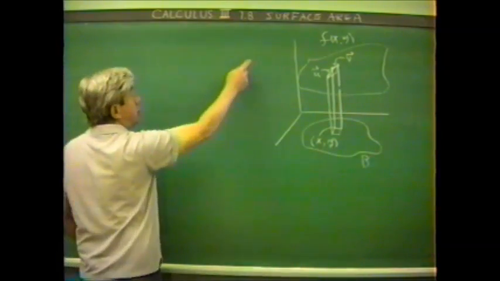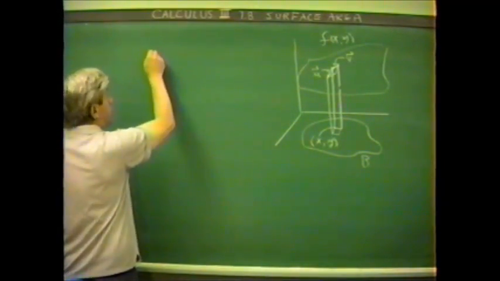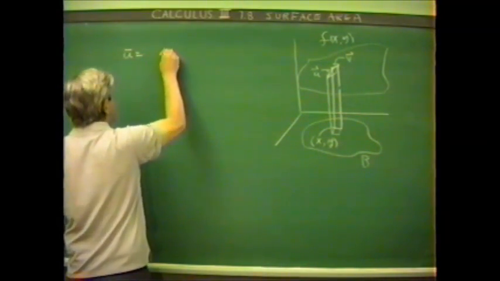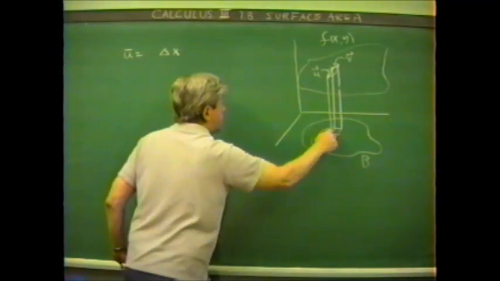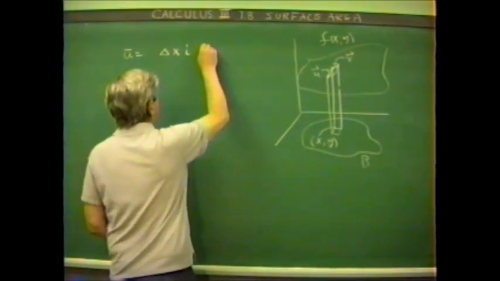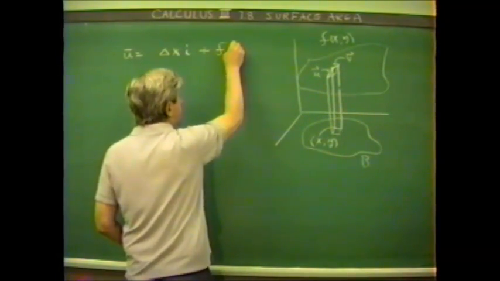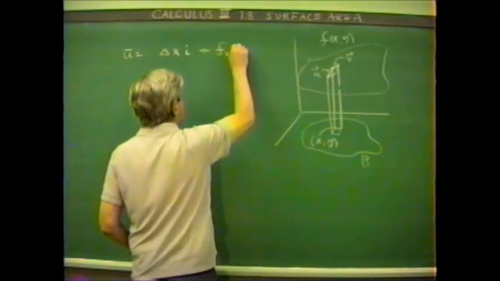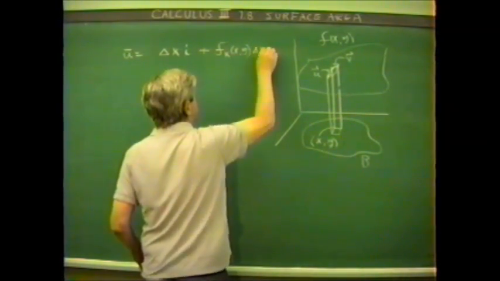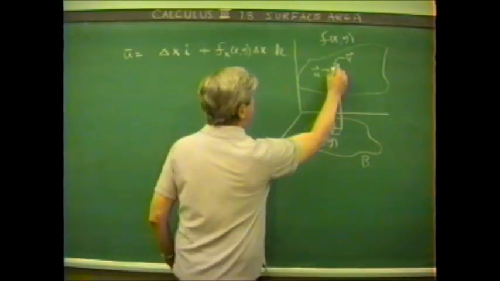So 1 unit in the x direction is going to go in the k direction, partial of f with respect to x, so that the vector u we can write as, we go delta x in the x direction, it's going to be delta x i, and then plus the partial of f with respect to x at this point times delta x k. So that's going to be the vector u here.